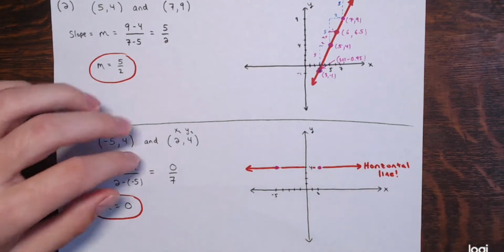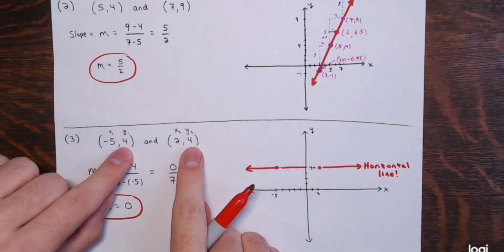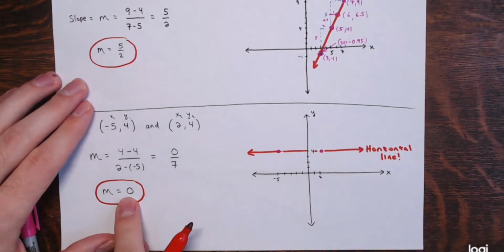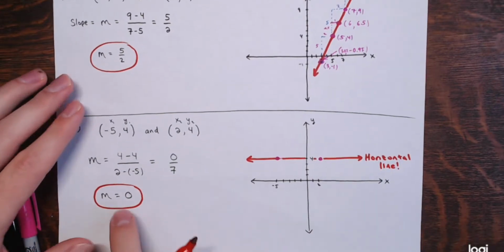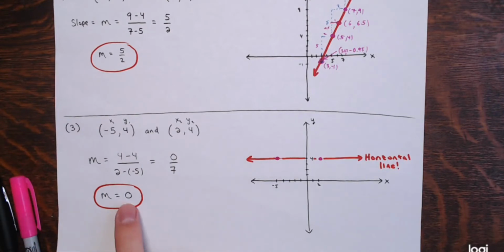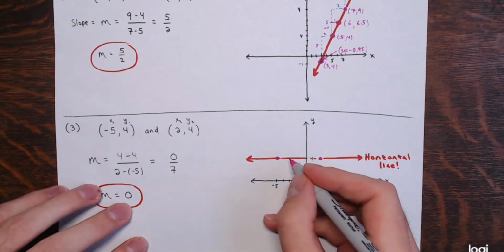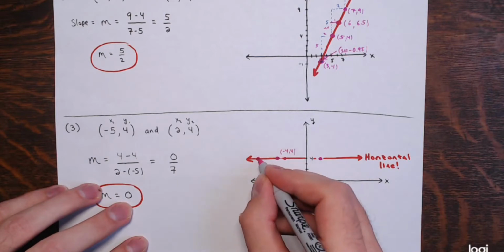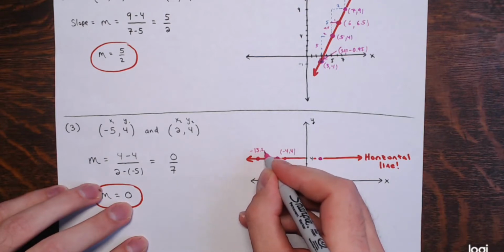And that's going to happen if you ever have multiple points with the same y-coordinate on the same line. So a horizontal line has a slope of 0. Right, so easy. You just don't move up or down, and then you keep moving right or left, and you'll find other points on the line. So here's -4, 4. Here's -15.2, comma 4.